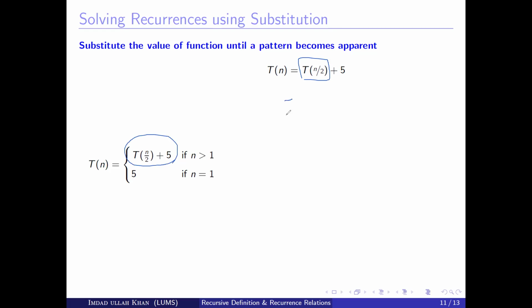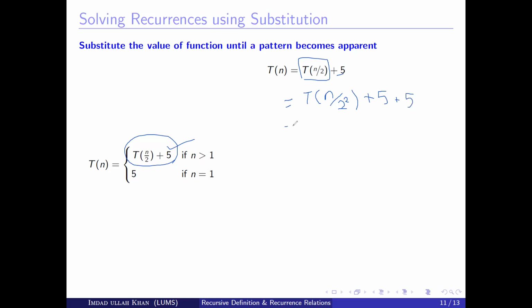So this whole thing becomes T of (n over 2) over 2, which is n over 4, which is essentially n over 2 raised to the power 2, plus 5. This 5 is coming from here, and we have a previous 5 as well, which is appended here.